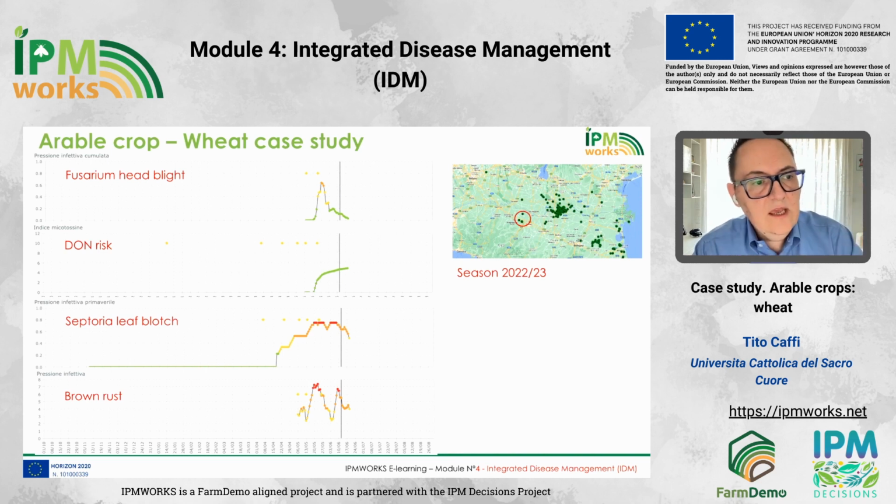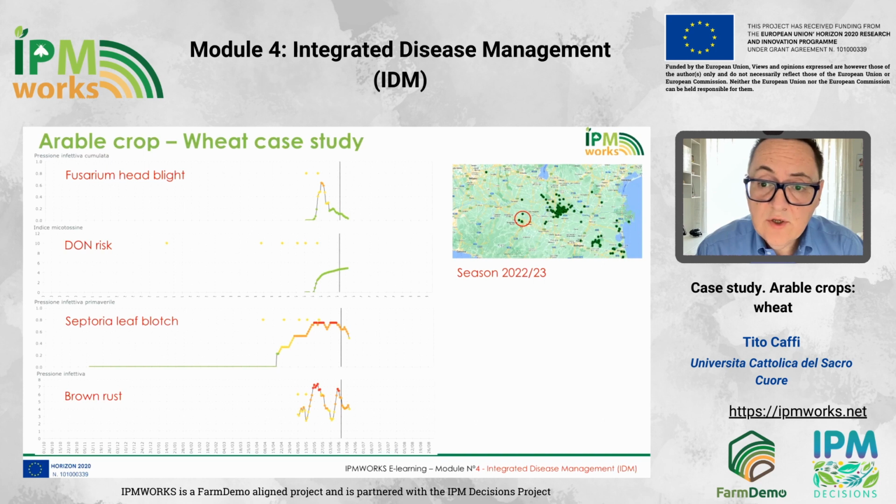You can see in the graph, in the left side graph, the risk for Fusarium head blight really following the flowering period and the evolution of dew. That was not much. A huge increase of septoria leaf blotch and brown rust, more or less a little bit earlier actually than the risk for Fusarium head blight.